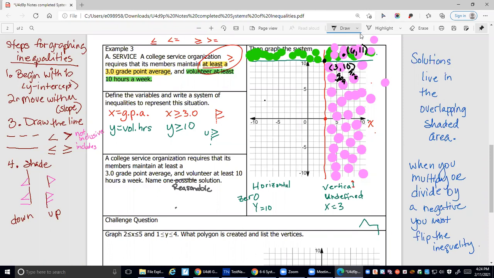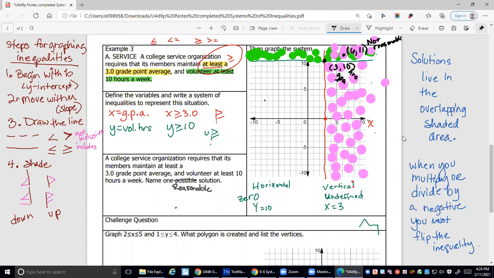So this may not be reasonable. Like, I don't know anybody at Marshall that has a 6.0, right? Okay. So although it's mathematically true, I would say this may not be reasonable. So I'm going to put not reasonable, even though it is mathematically true. The 11 hours is no problem, right?